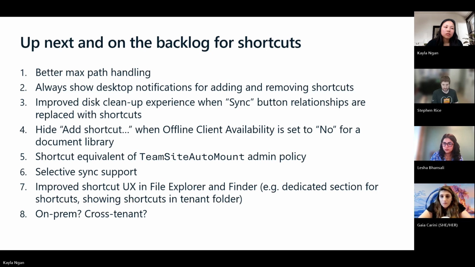Some users added those shortcuts and got an error about long file path names that says open the target folder. If you click open folder, OneDrive will not sync. If you click try again, OneDrive shuts down and none of the other shortcuts you try to add will appear. So OneDrive crashes at that point. Any recommendations there?